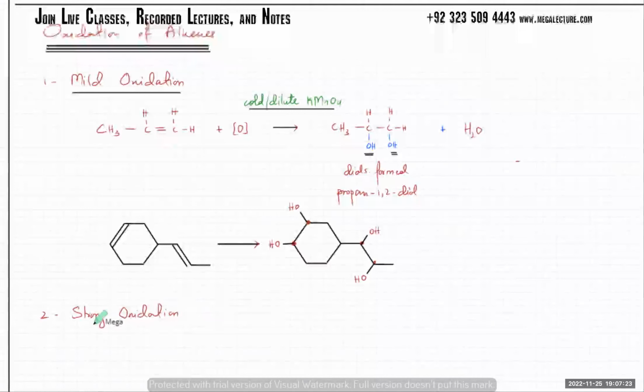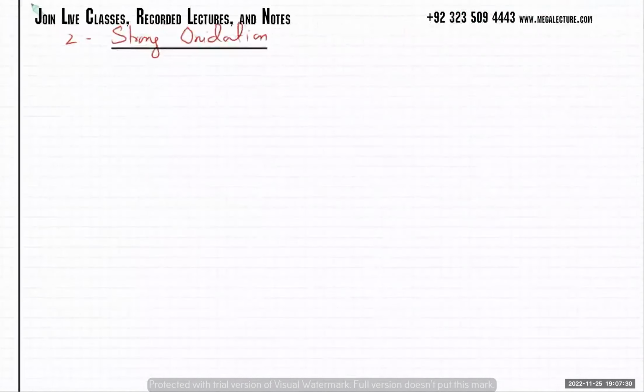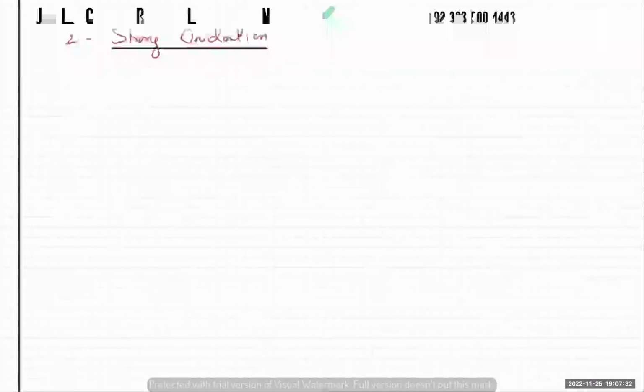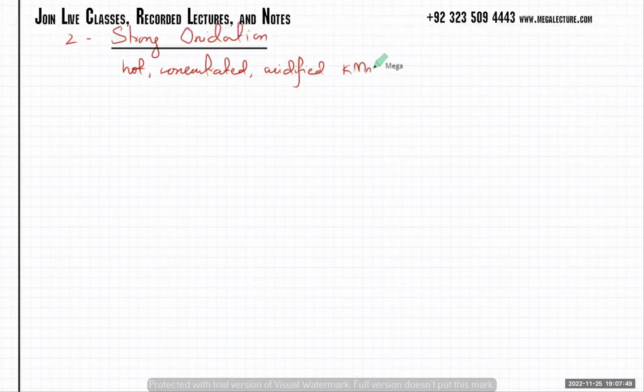so firstly, the conditions that are required for strong oxidation. For strong oxidation, you would be needing hot concentrated acidified KMnO4. ठीक है, it's going to be hot concentrated acidified KMnO4, potassium manganate(VII). ठीक है, नाम भी लिख दो.